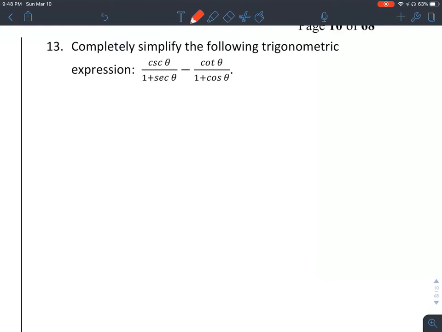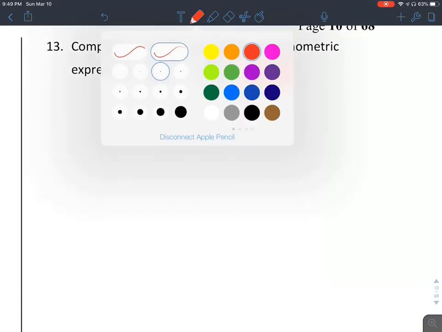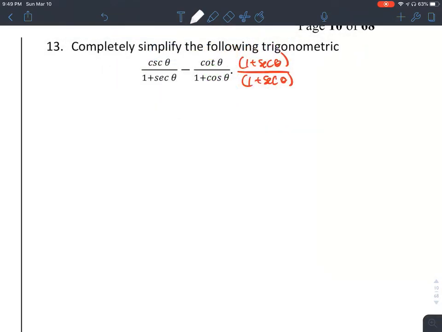To do that, I'm going to multiply this fraction by 1 in the form of 1 plus secant of theta over 1 plus secant of theta. And I will multiply this first fraction by 1 in the form of 1 plus cosine of theta over 1 plus cosine of theta.